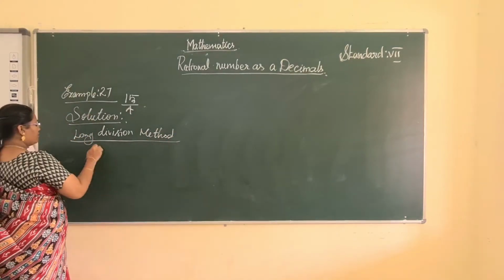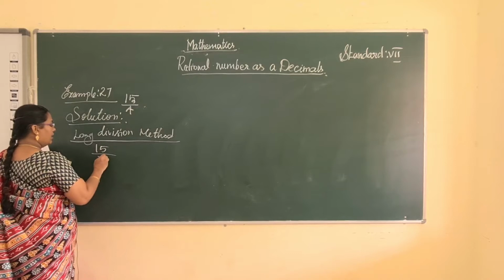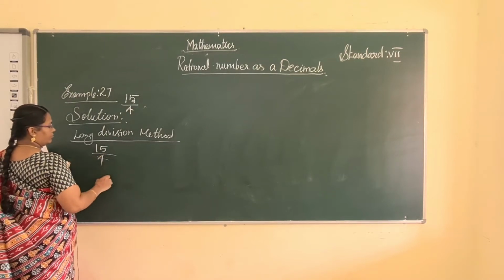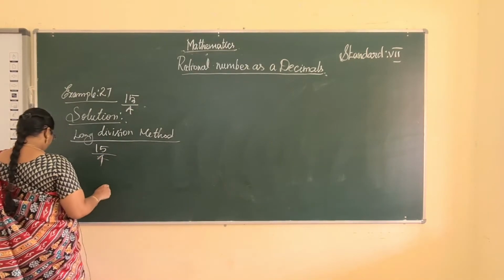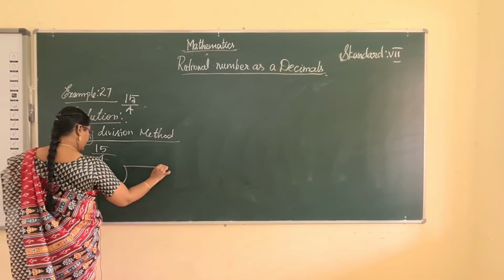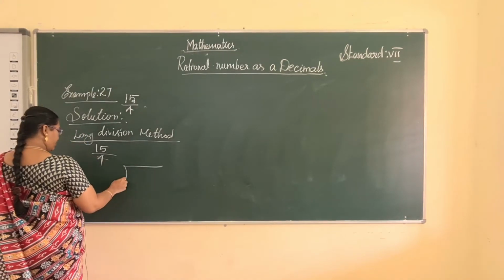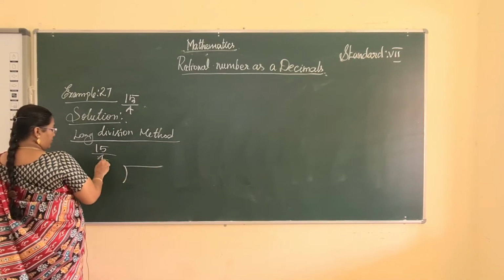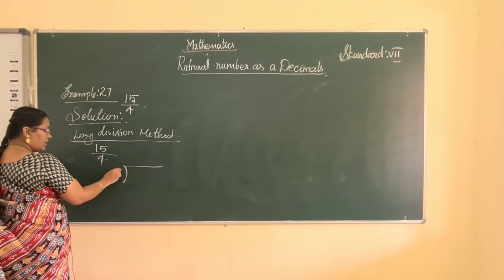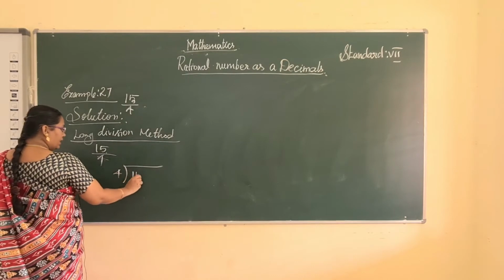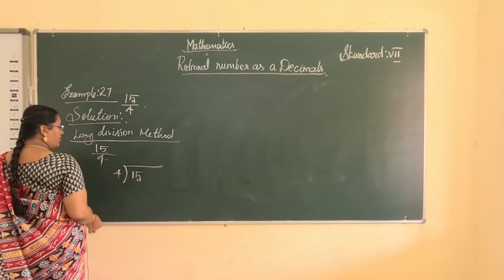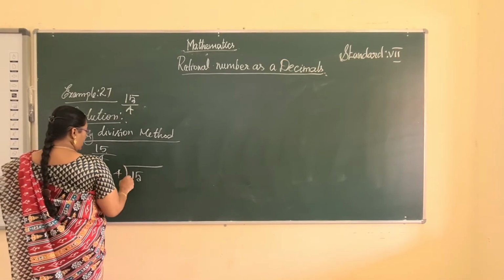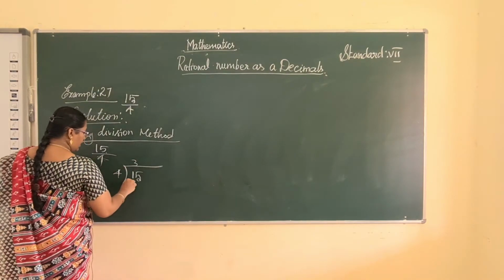The first method, long division method. So as usual, 15 divided by 4. Here 4 is the divisor and 15 is the dividend. How many times? 4 threes are 12.